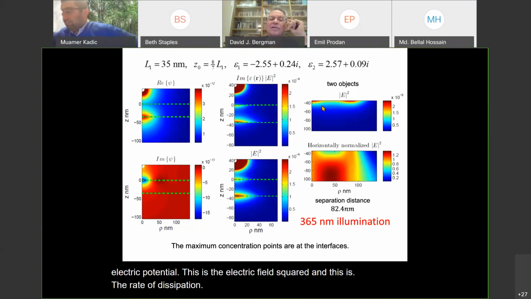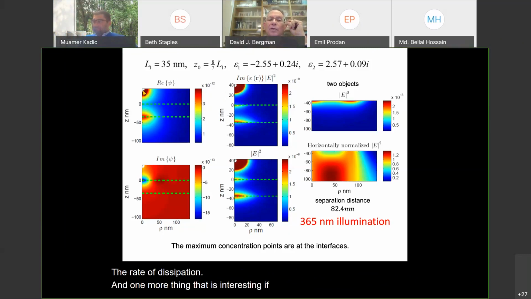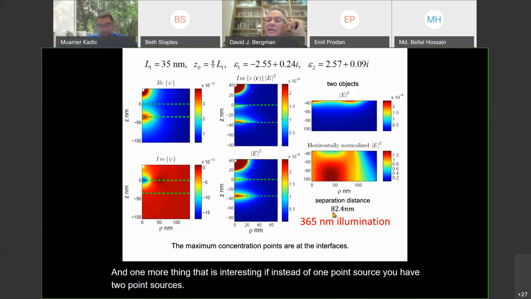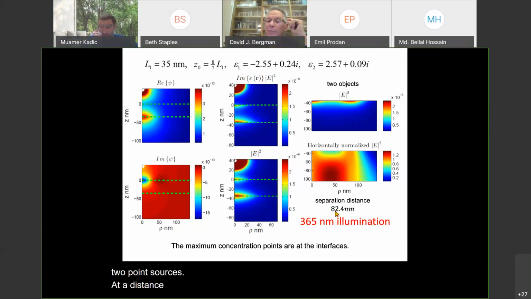One more thing that is interesting: if instead of one point source, you have 2 point sources, at a distance of about 82 nanometers, and you look at E squared in the first regime, below the slab.